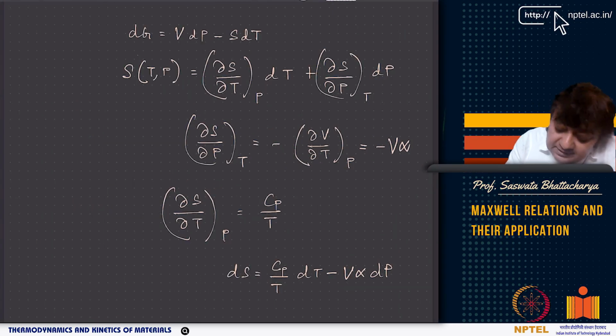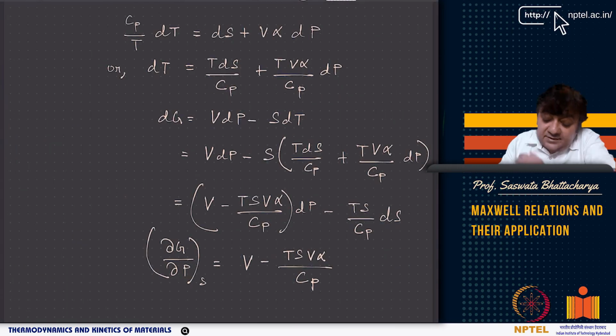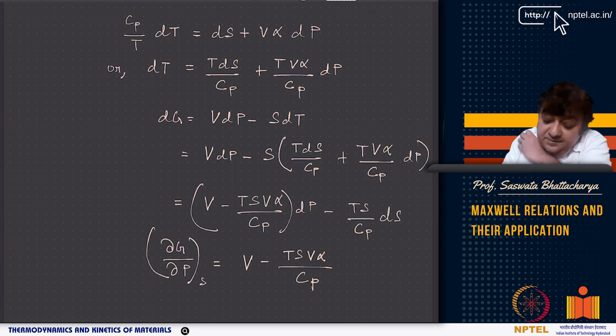Now you see dG equals V dP minus S dT, this we have shown, and dS as a function of T and P equals minus V alpha dP plus Cp by T dT, right? So you know dS, right? Now Cp by T dT equals dS plus V alpha dP, right?